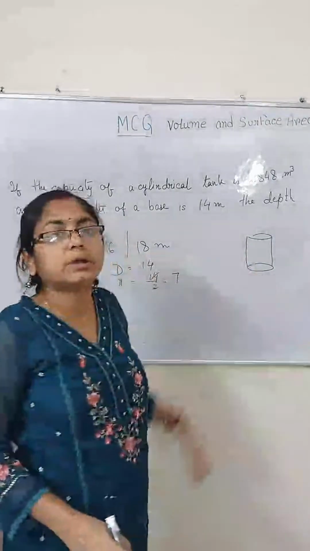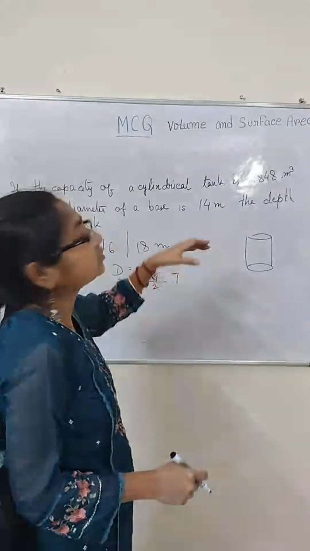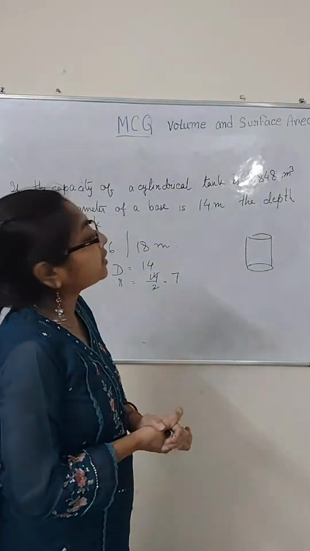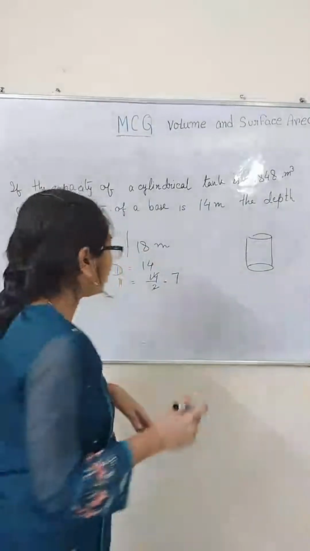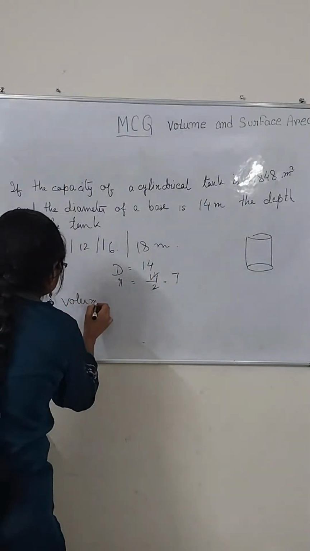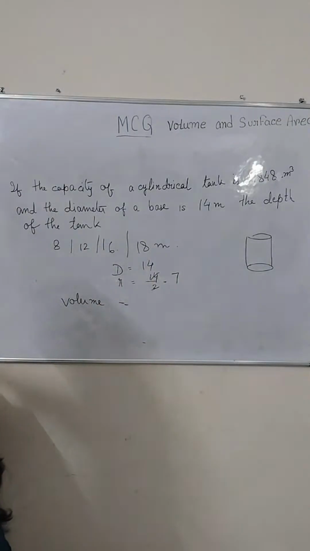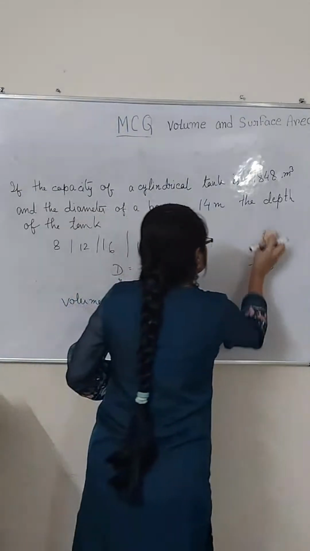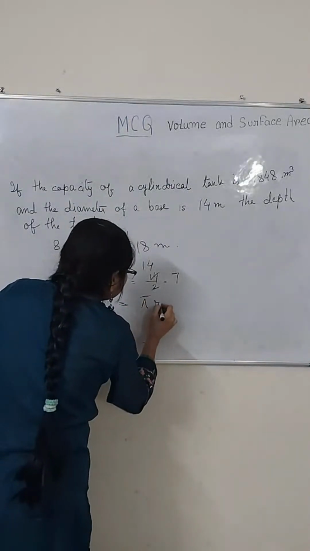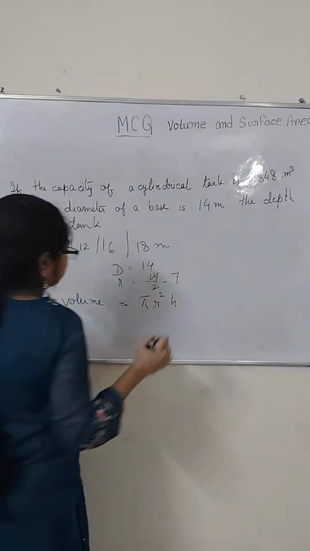Now you use the formula of the volume because that is a liter. It is a must to use the formula of the volume. Pi r square h.